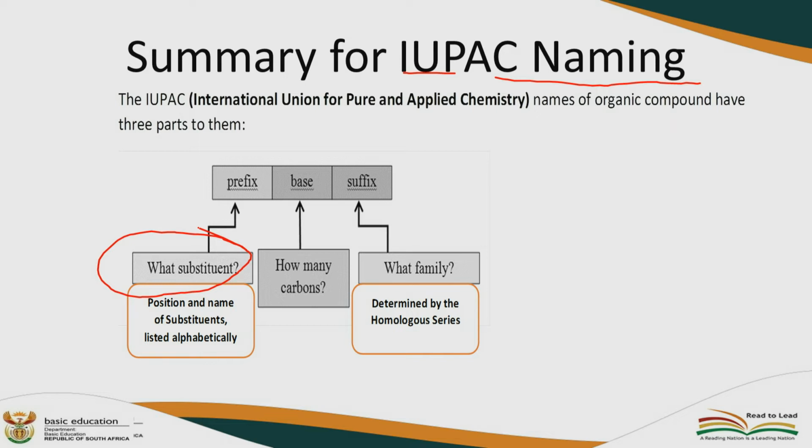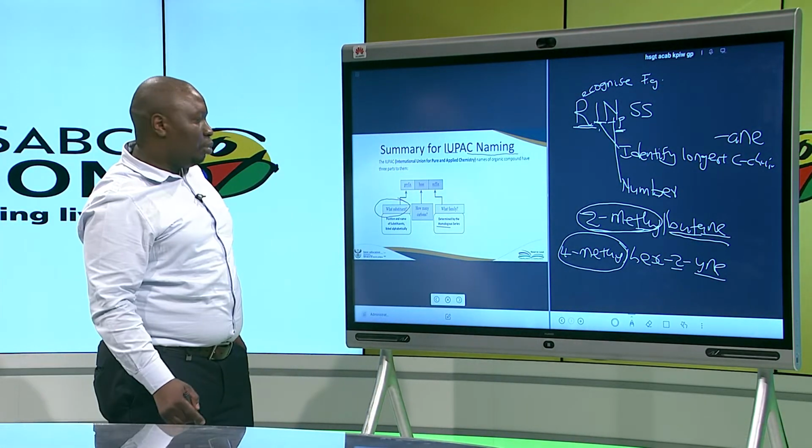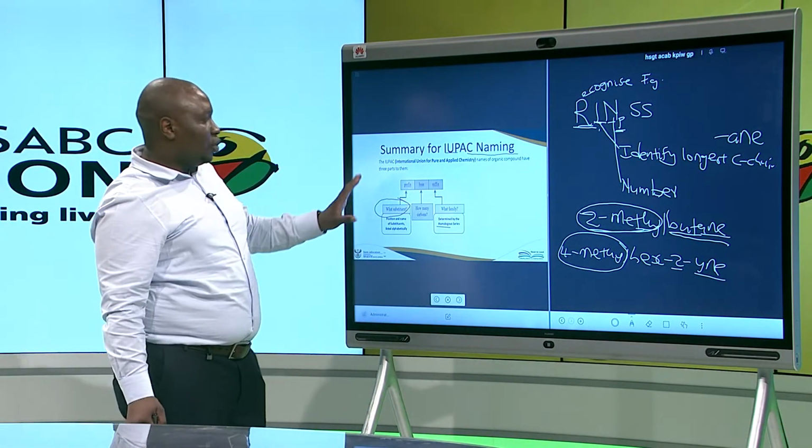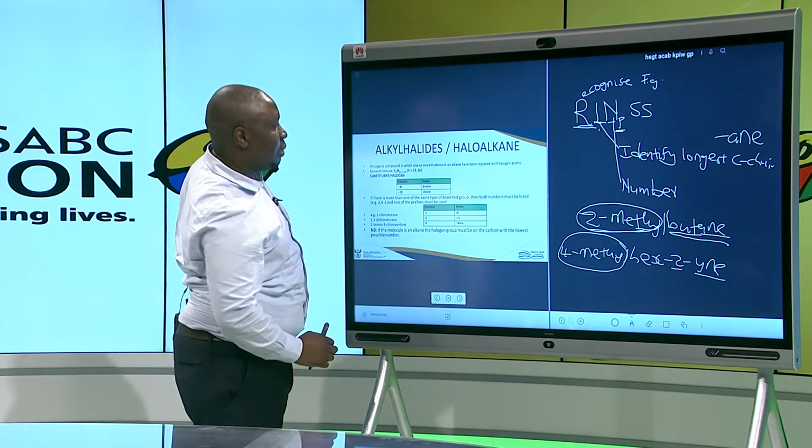After that, you check how many carbons. So if it's 4 carbons, you know it's but. After that, the suffix from your homologous series, then you get your 4-methylbutane in that fashion. So this is how you go about naming your organic molecules, in summary.